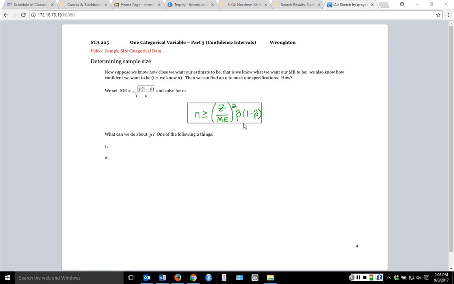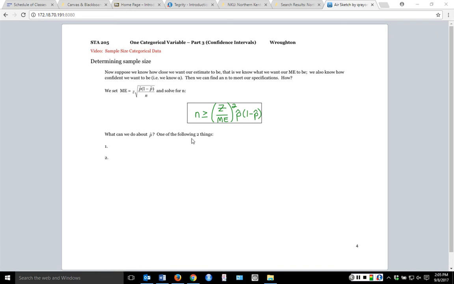And if we stop to think a moment, would I know p hat? Well, p hat is the sample proportion, which is collected from our sample, which means that we would already have a sample size if we already have a sample proportion. So I can't calculate something from my data if I don't already have my data.